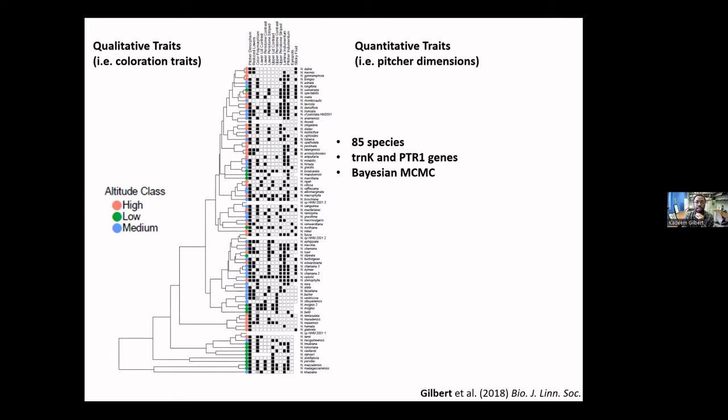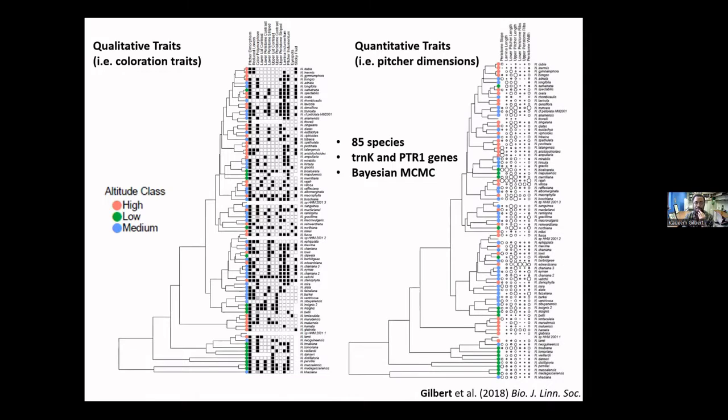So I used the then publicly available sequences of Nepenthes species that were available on GenBank, the public genetic database, and reconstructed the phylogeny and scored traits using McPherson's Pitcher Plants of the Old World.